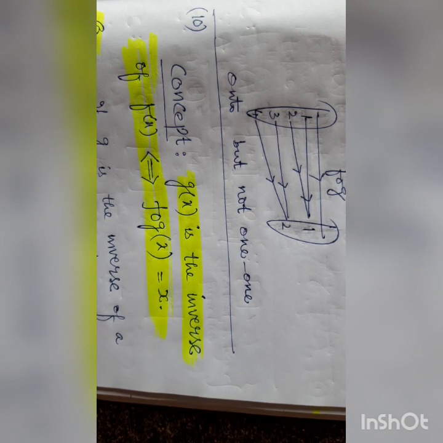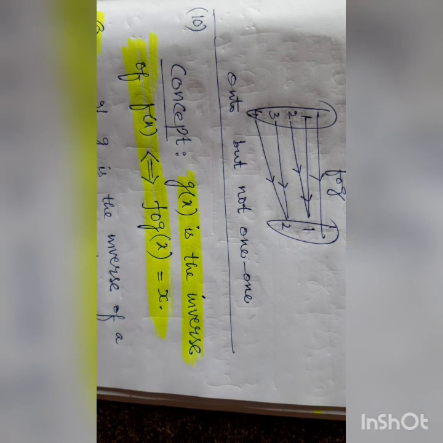That is why I have written the concept first as a heading. g of x is the inverse of f of x if and only if f circle g of x equals x.